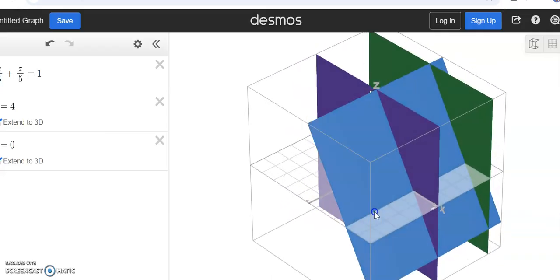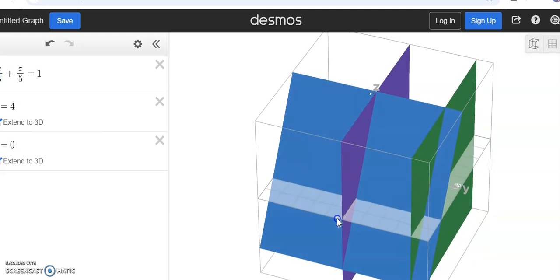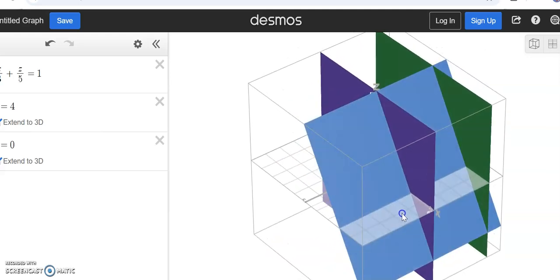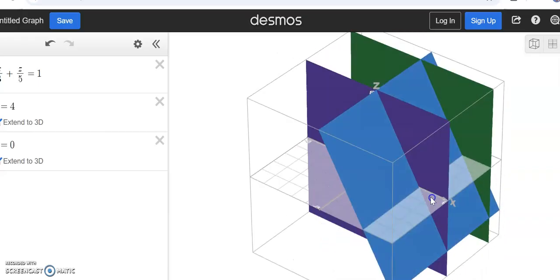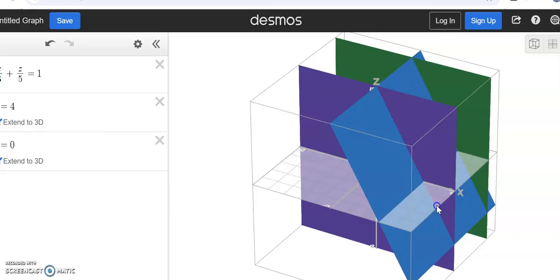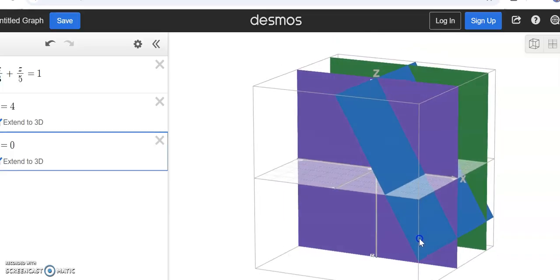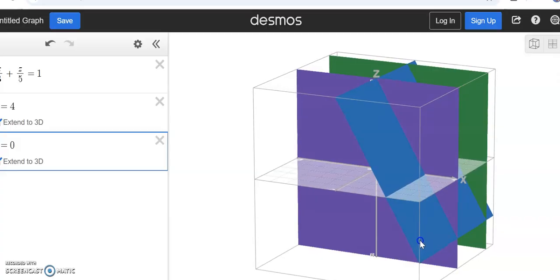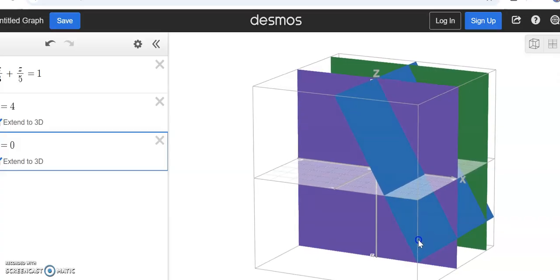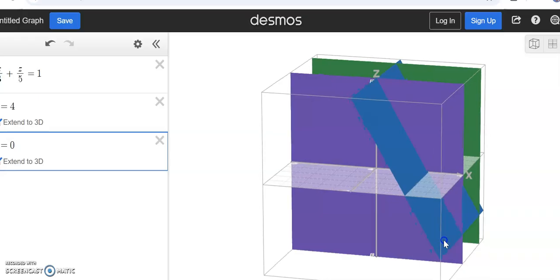And the green plane denotes the plane y equal to 4, and the purple one denotes y equal to 0. So as you can see, the plane x/3 + z/5 = 1 will intersect the xy plane.